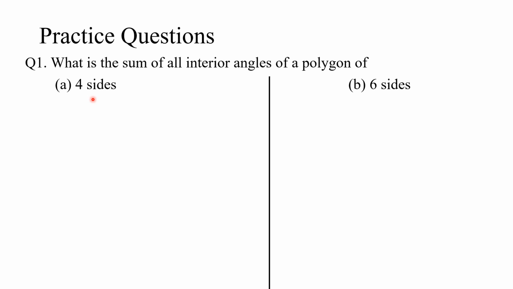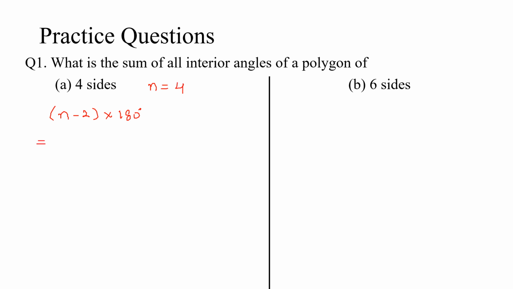So we have seen that the formula to find the sum of the interior angles of a polygon is (n minus 2) into 180 degrees, right? Where n is the number of sides. And if you see in the question given here, the number of sides is 4. So I can assume here that n is 4.